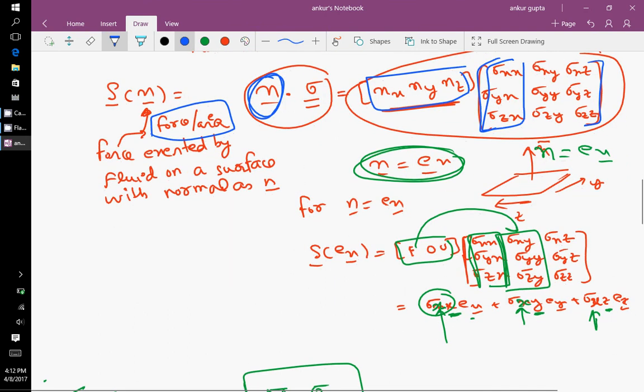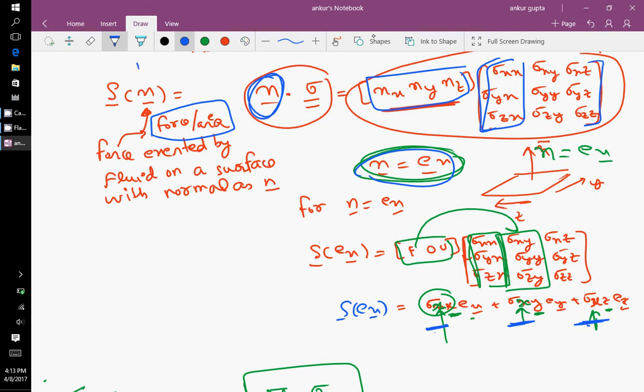For a simplified case where n is only ex, we showed that s of ex becomes sigma xx ex plus sigma xy ey plus sigma xz ez, where the first subscript is always x because the direction of the normal is only ex. If you had a tilted direction, you would get components which also have y and z in them, but it is only x right now because the normal is just ex.